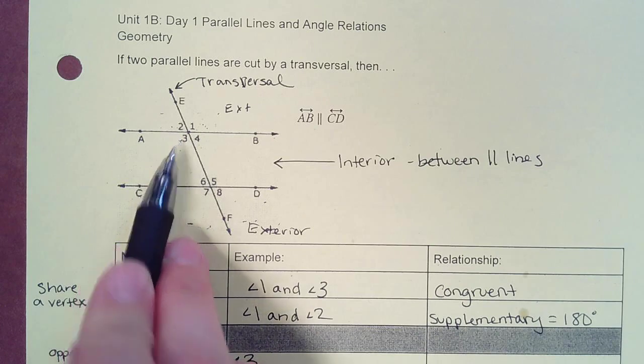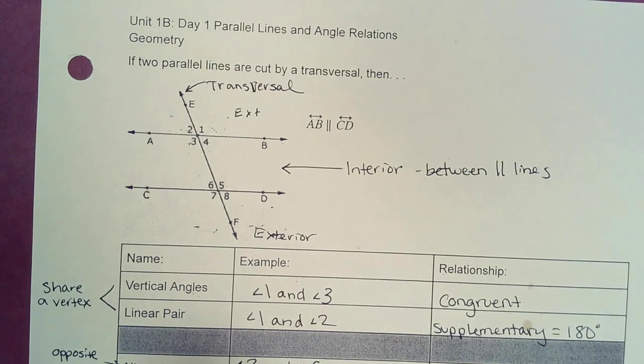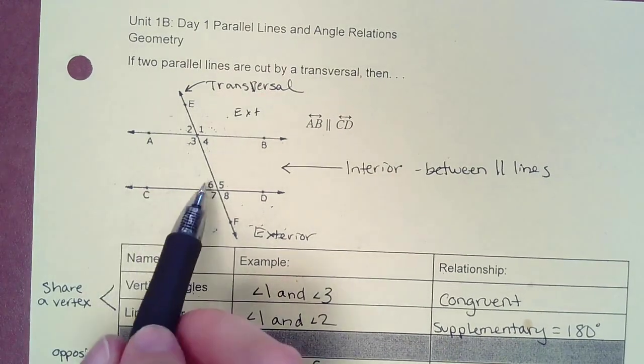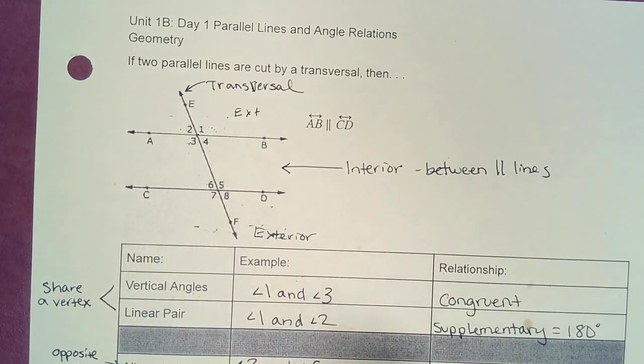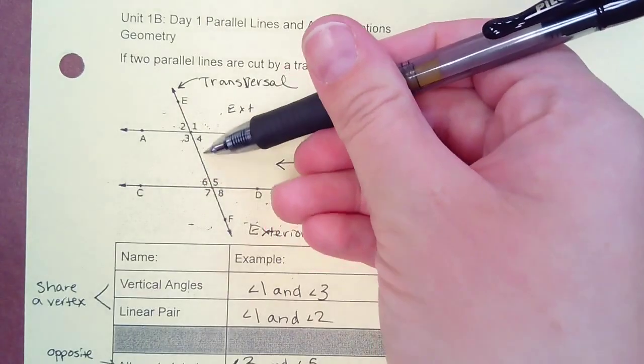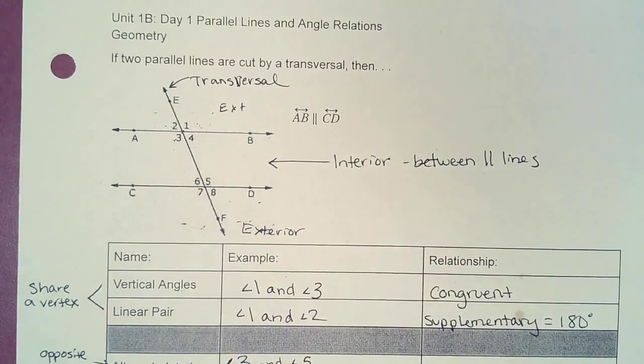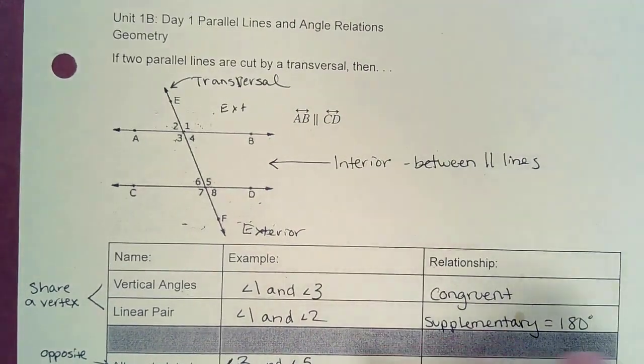Now the opposite side of the interior would be angle 5. So angle 3 and angle 5 would be alternate interior. Then if I looked at angle 6, angle 6 is on the inside. The other angle on the opposite side of the transversal on the inside would be angle 4. Those are alternate interior, and their relationship is congruent.